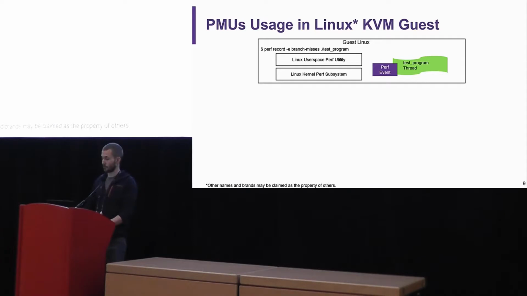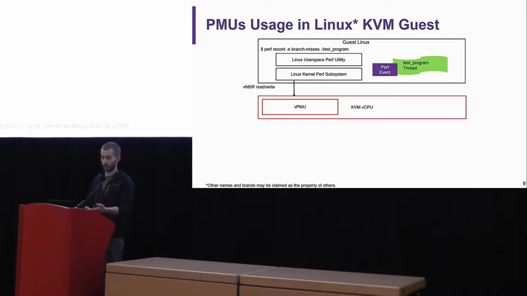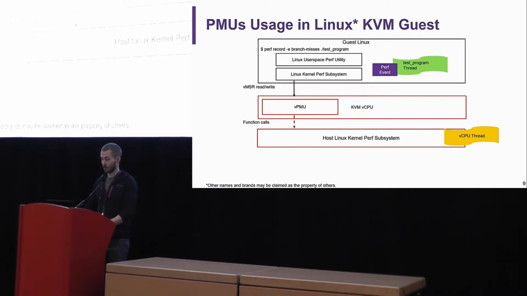If we take this up to a KVM guest, so a Linux guest running on KVM, doing the same test program, the same perf event gets created in the guest. This time when we finally do that MSR write, it gets intercepted by KVM, so it's a virtual MSR access. KVM then makes function calls into the perf subsystem, but we're going through the full perf stack.